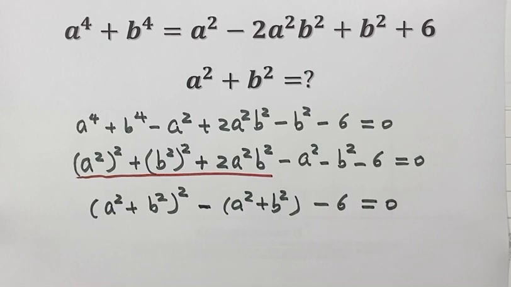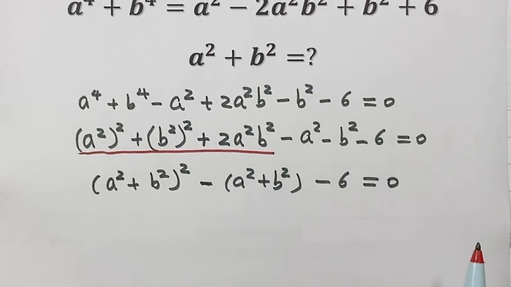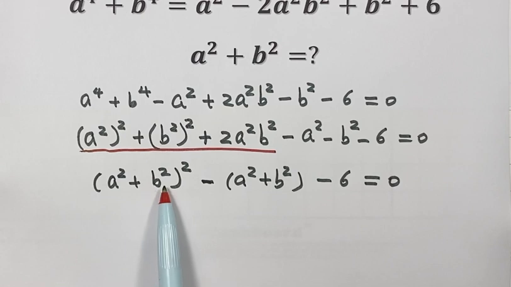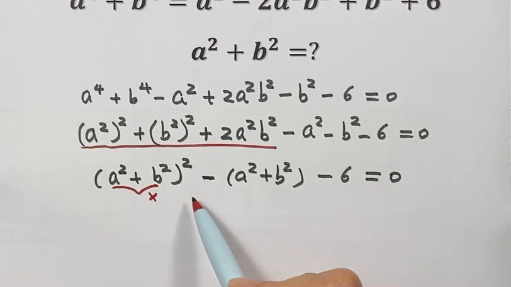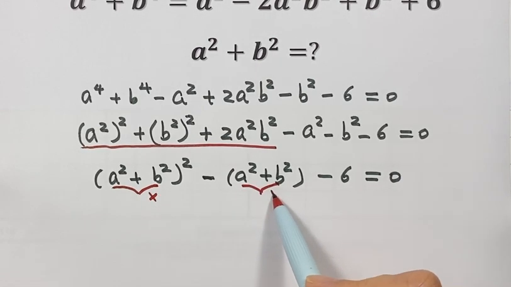So here we have a quadratic equation in a squared plus b squared. So probably it will look simpler if we set a new variable x. If we let x equal a squared plus b squared, then just this part equals x.